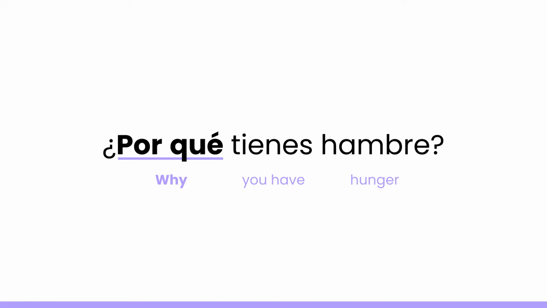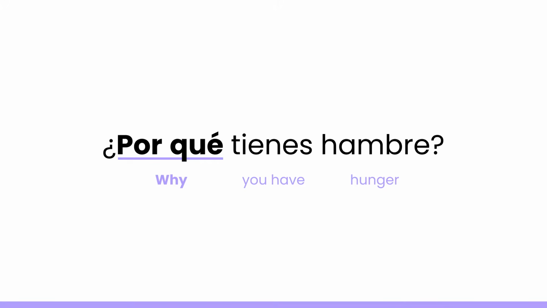And tienes, we've learned that verb conjugation before. Tienes is you have, because it has this S at the end. If it would say tiene without the S, it would be he has, or she has, or you formal have. So for example, why he has hunger. ¿Por qué tiene hambre? But if we say ¿por qué tienes hambre? with the S, then it means why do you have hunger? So why are you hungry?